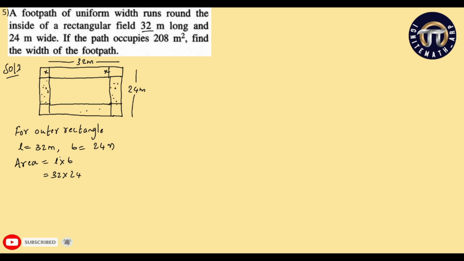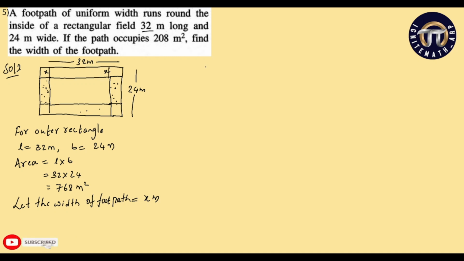Area of the rectangle is length into breadth. Okay, so that will give you 768 meter square. This is the area of the outer rectangle. Now what I write? Let the width of the path, width of a footpath is equal to x meter.